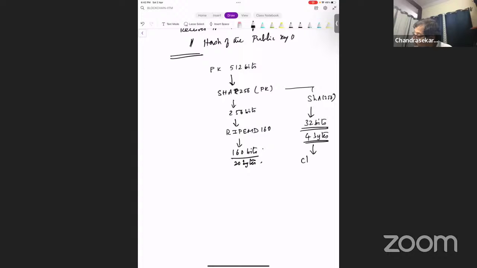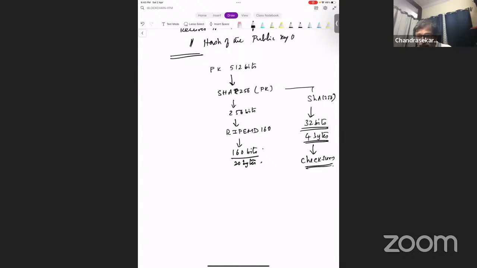Use that as a checksum. This checksum kind of information is there only to check the integrity of the information.